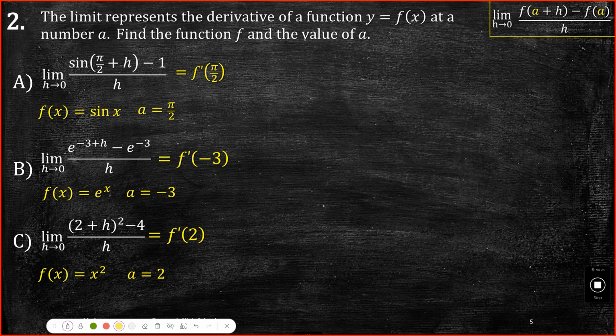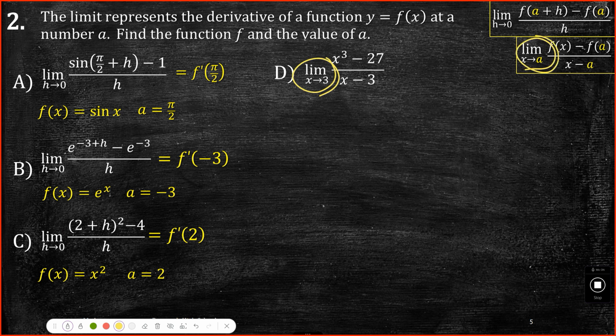Okay, now let's go to part D. This is not the same as this definition. You have to be able to recognize between the two definitions. This is the second definition right here, the limit as x approaches a. The function is given here, and it's much easier because the first part is telling you what the function is.